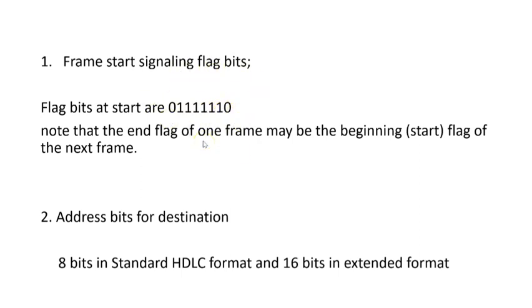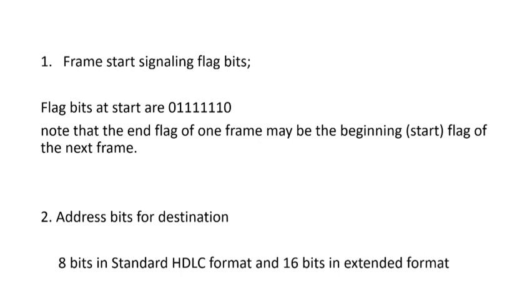Whenever a receiver gets this flag bit, it should understand that this is the beginning of the next frame. Also note that the end flag of one frame may be the beginning flag of the next frame. So whenever it gets one flag, it should understand that it is the beginning; when it receives the next flag, it should understand that it is the end. Likewise it will go on.